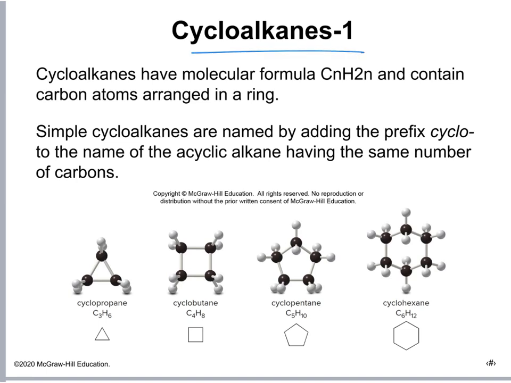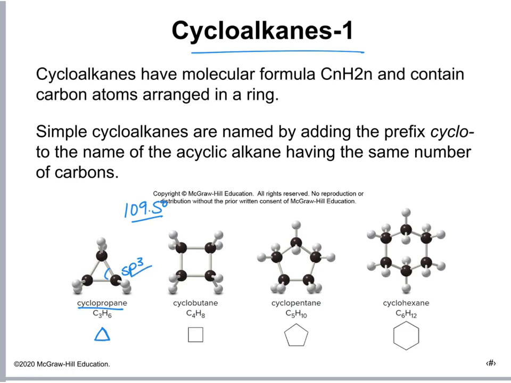Okay, the cycloalkanes. So you have cyclopropane, which would be 3. And this is going to be a very strained ring. Okay, so when you have this, this is an sp3 carbon. So an sp3 carbon, what's the bond angle? 109.5 degrees, right?